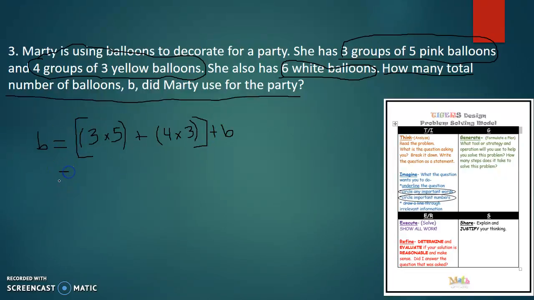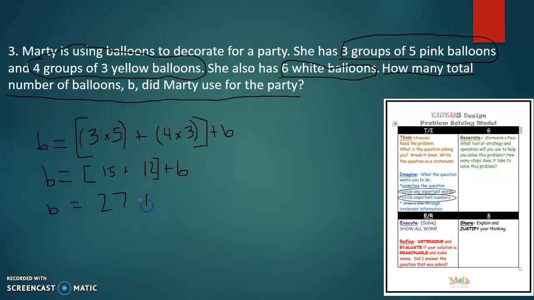So let's solve it. So I have 3 times 5 is 15. 15 plus 4 times 3 is 12. I bring down my plus 6. Put my B. So B equals, I'm going to do my 15 plus 12. 15 plus 12 is 27.